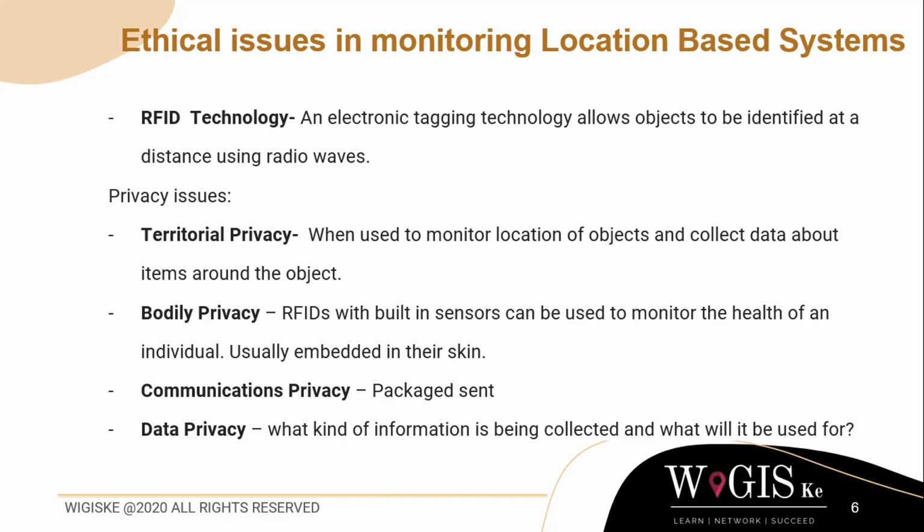And then there is communication privacy. Just before the introduction of emails and electronic submission of information, there were instances where packages were being sent to different destinations, and these packages automatically picked up your location and information about things around you.